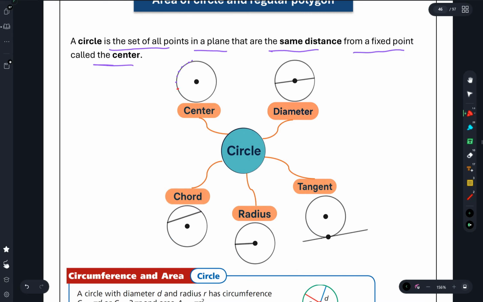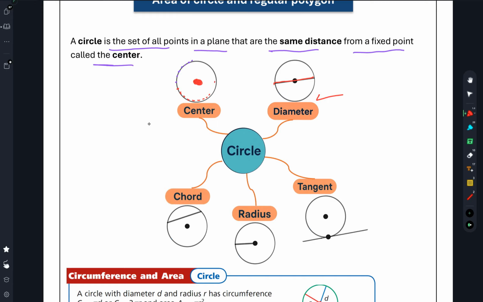On the screen, students, we have infinite points on this circle that have the same distance from this point in the middle, called the center. If a line passes through this center, we call it a diameter.